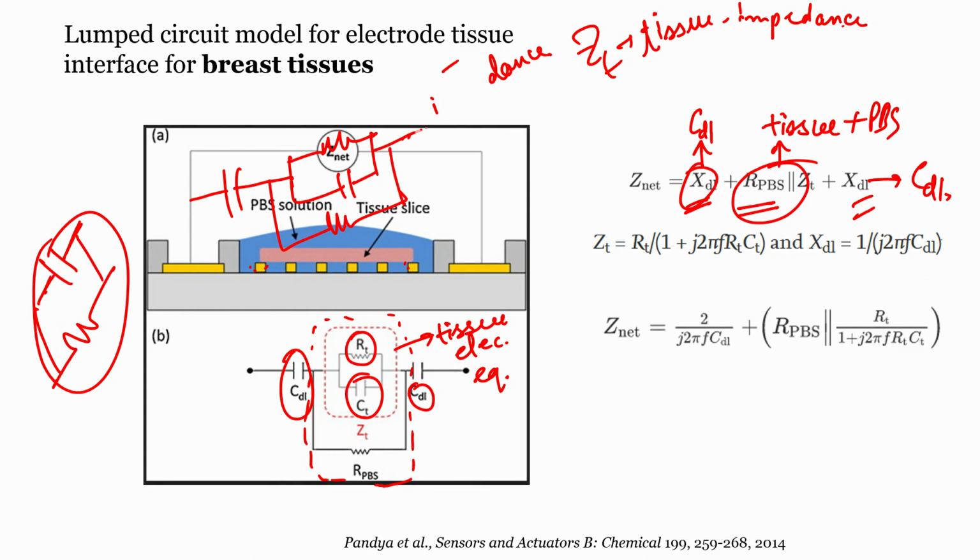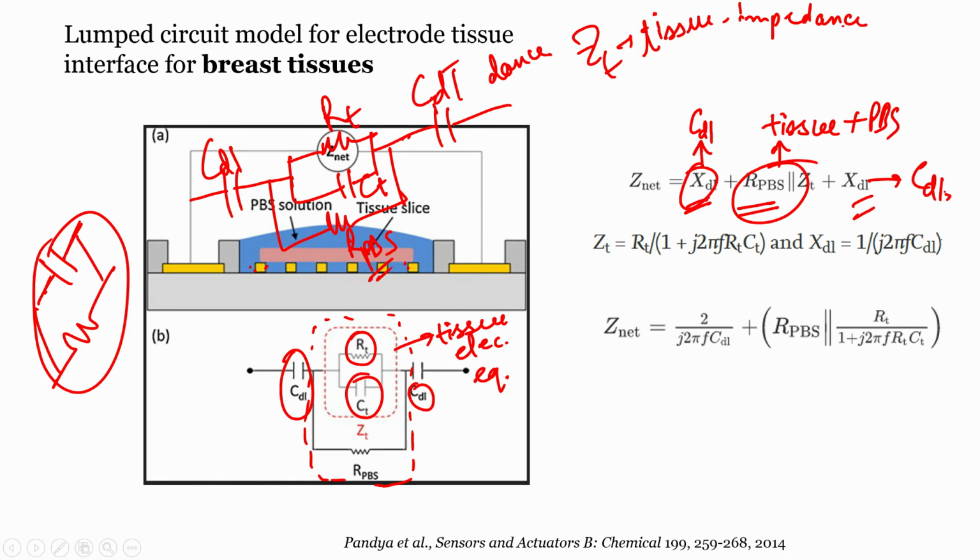Here will be a resistor and then there will be a capacitor. This will be CDL, CDL, this will be RT, this will be CT, and this will be our PBS. So till this point it is clear.